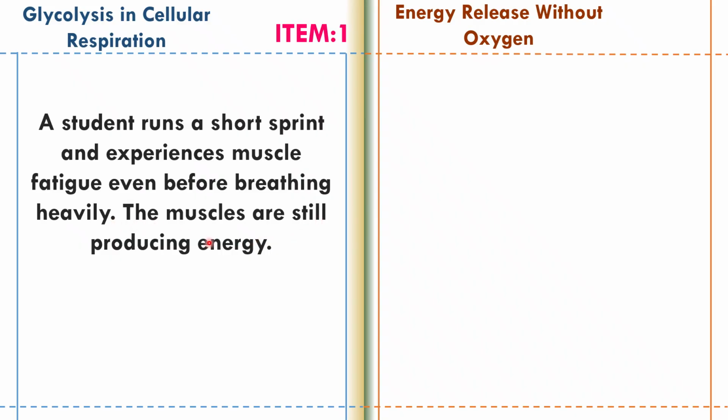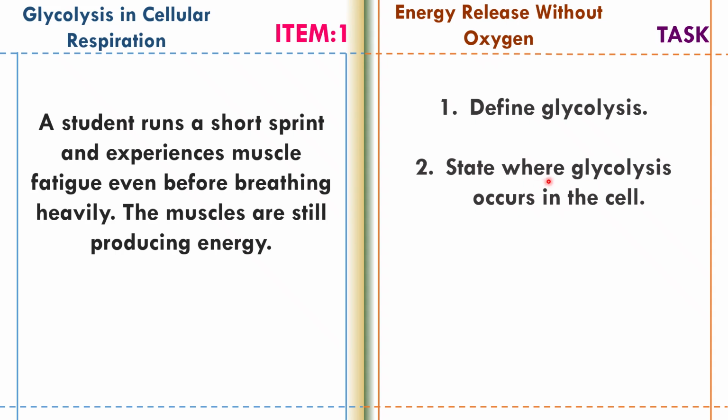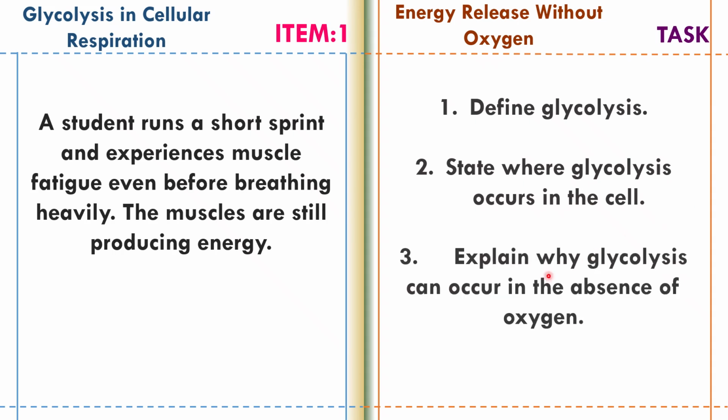The muscles are still producing energy. Task: define glycolysis. State where glycolysis occurs in the cell. Explain why glycolysis can occur in the absence of oxygen.